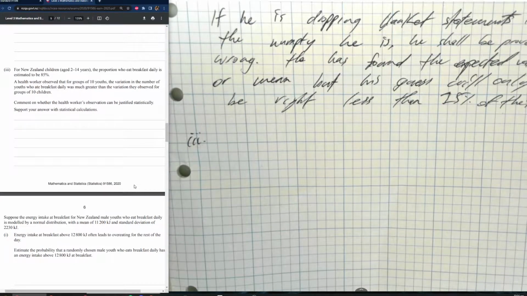Comment on whether the health worker's observation can be justified statistically. For New Zealand children, the proportion who eat breakfast daily is estimated to be 85%. Health worker observed that for groups of 10 youths, variation in the number of youths who ate breakfast daily is much greater than the variation they observed for groups of 10 children.